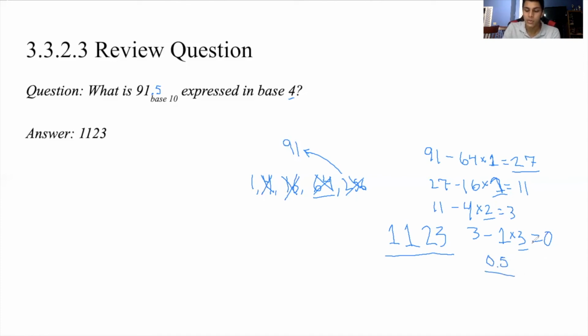So you'd go to the next power below this, which is 4 to the negative 1, or 0.25, and figure out how many times 0.25 goes into 0.5, which would be 2 times. That's why, if this number was 91.5 in base 10, we'd have 1123.2, because you have 2 0.25s that go into the remaining 0.5. So that's just a side note.